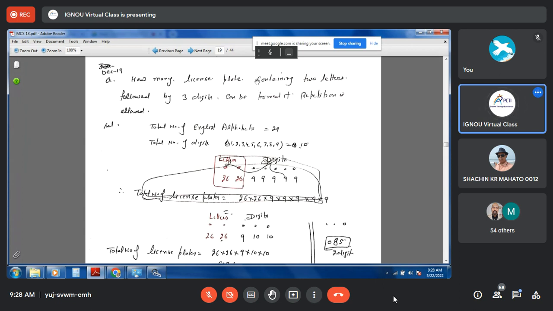Here, he also wants the license plate in the same manner: first 2 letters, then 3 digits. It is written here that repetition is allowed, so we will not discuss repetition not allowed.